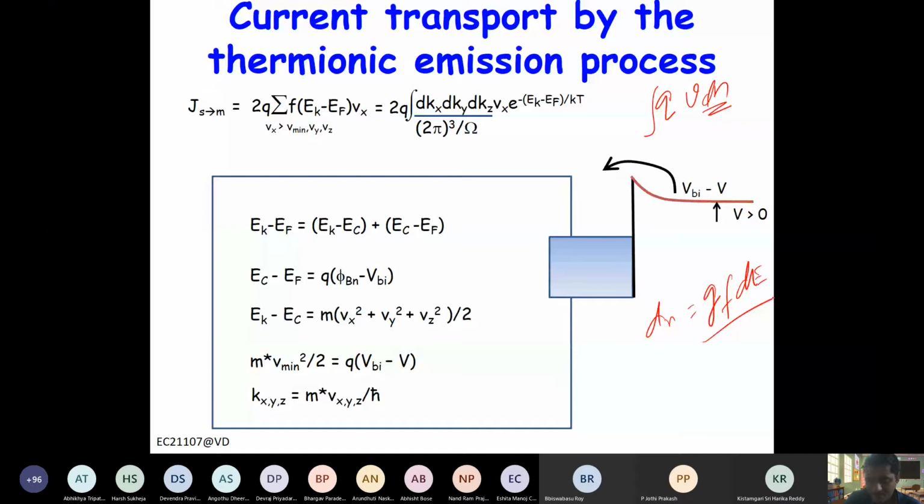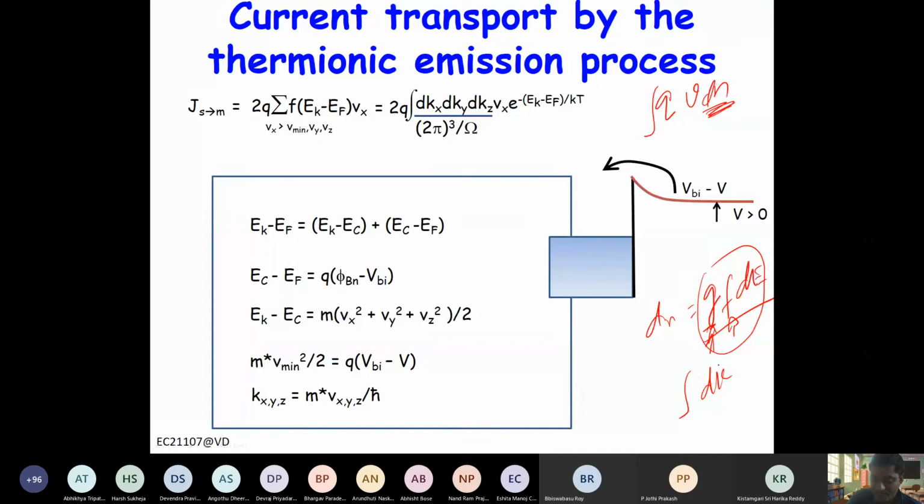This we have derived. You can use those equations that we have already discussed, input f and g there, do the integration and get the expression. Here I'm using another method, but both will give the same result. Here I'm writing dn as f times g again, but here g I'm writing as the volume of dk.